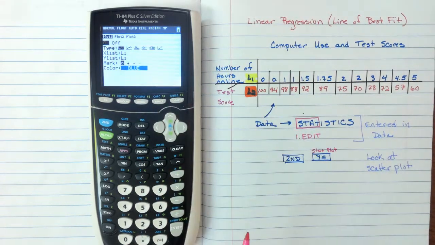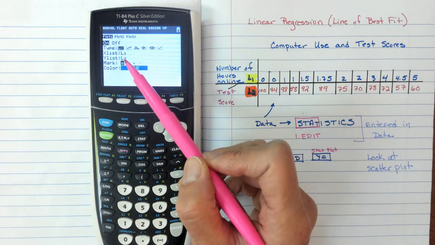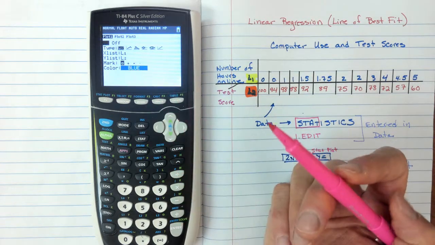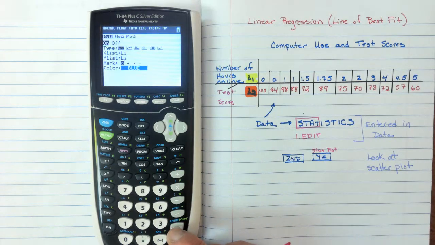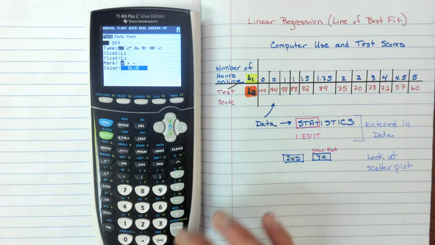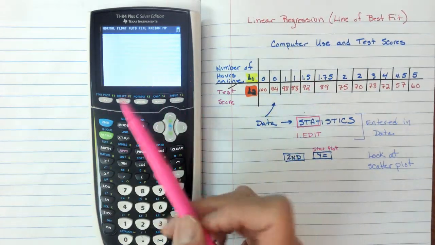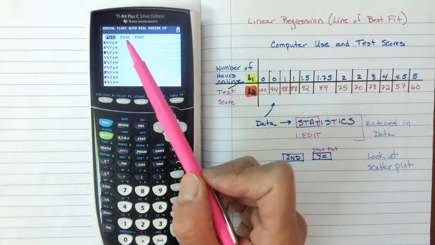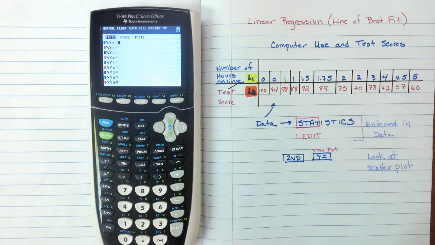Type is scatter plot, and I'm going to use list 1, list 2, and it's going to be marked like that. Okay, so that's good. So that's on, and if I move down, I see that on is highlighted. The other way I can check is in y equals. Do you see how that stat plot is highlighted? That means that my stat plot is on.